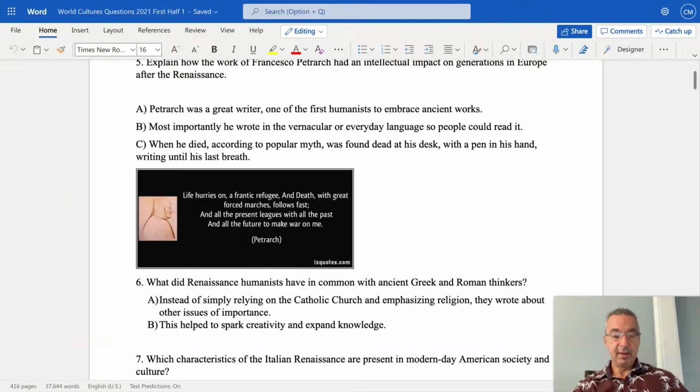Okay, 7, think about the characteristics of the Italian Renaissance that are present in modern-day American society and culture. And again, here's an opportunity for you to make some connections from hundreds of years ago to today.